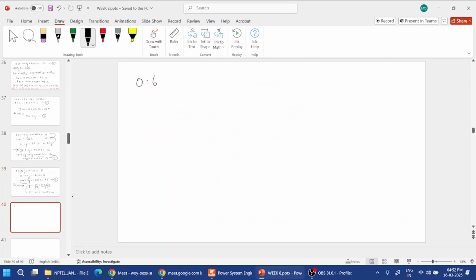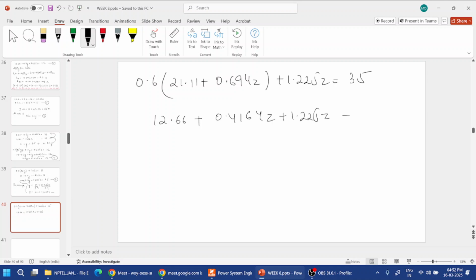So 0.6 into 21.11 plus 0.694z, plus 1.225z is equal to 35. So basically it will come out to be 12.66 plus 0.6 into 0.694, which is 0.4164z, plus 1.225z is equal to 35.